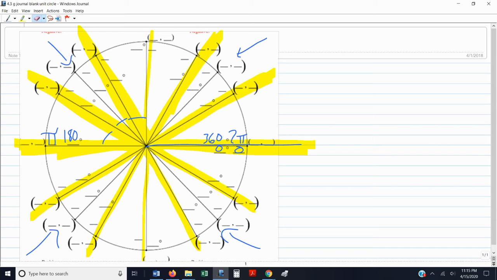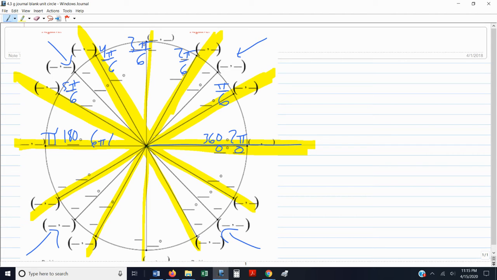And so what you can do is say that you know from 0 to pi, if you're going around in 6 pieces, that this is going to be 1 pi over 6 and 2 pi over 6, 3 pi over 6, 4 pi over 6, 5 pi over 6, and 6 pi over 6.